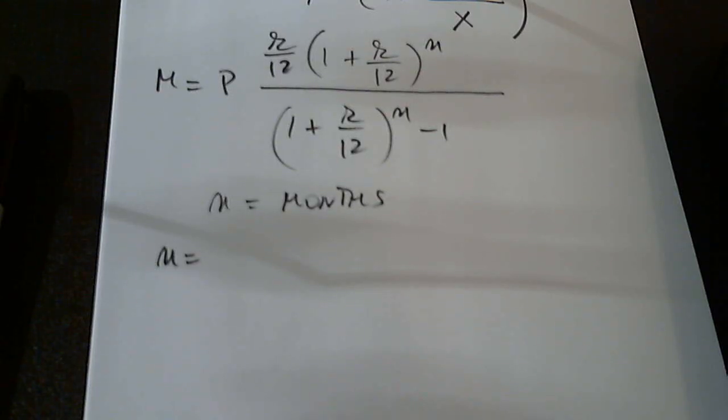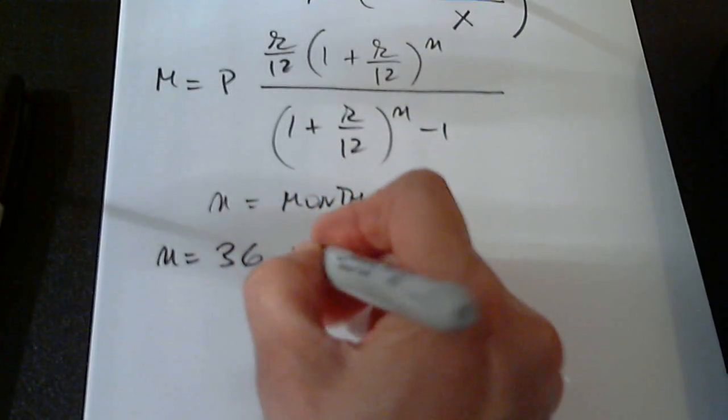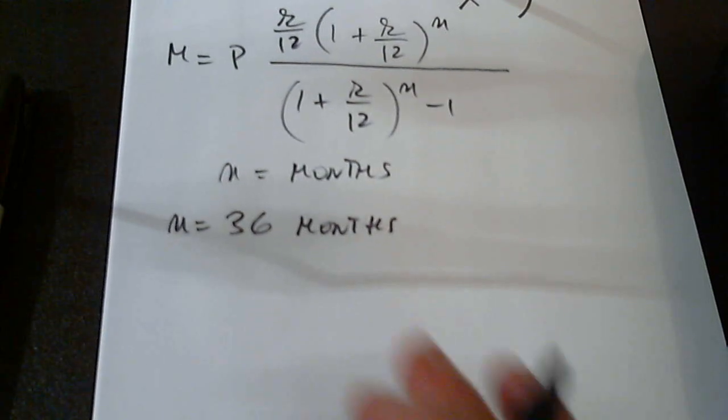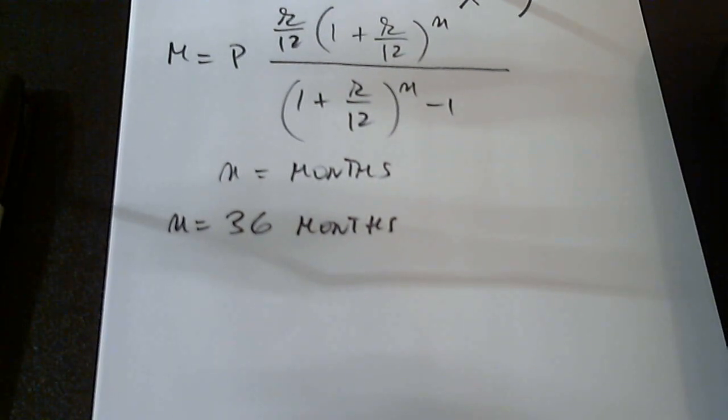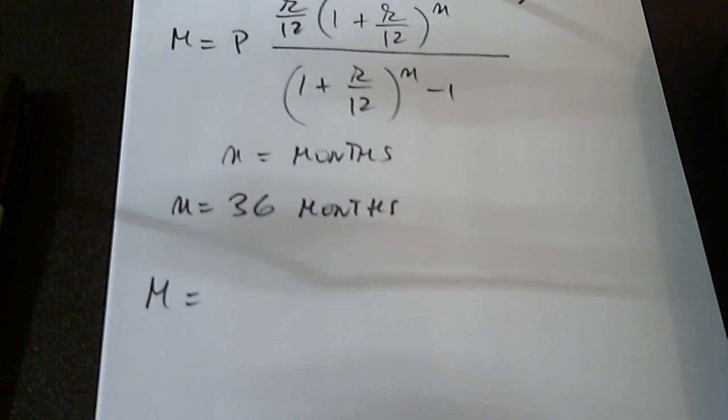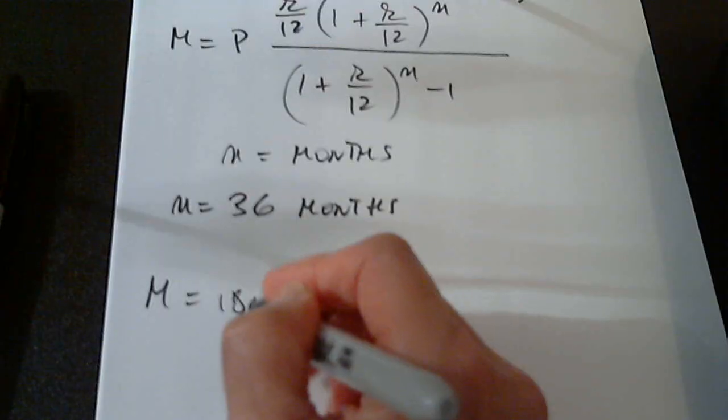Anyone, please? 36. Good, so we have 36 months. I'm going to fill in the given information so we can get the required M, the monthly payment. So we have 18,000.